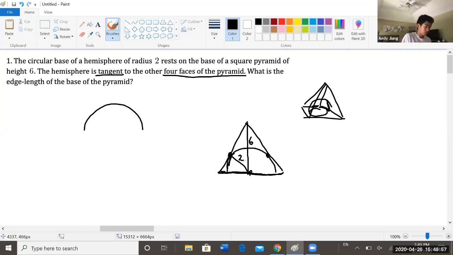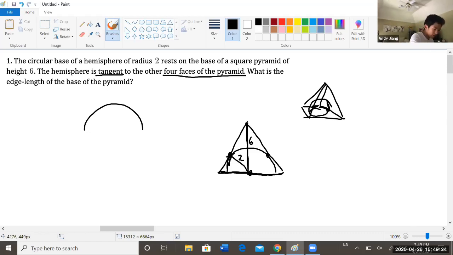Okay. If you don't see where I got this diagram from, try imagining if I just cut the shape directly in the middle, and then now I'm looking at it from the front. This should make sense because the 6 goes straight down perfectly onto this point because it's halfway, because I cut it perfectly in the middle.